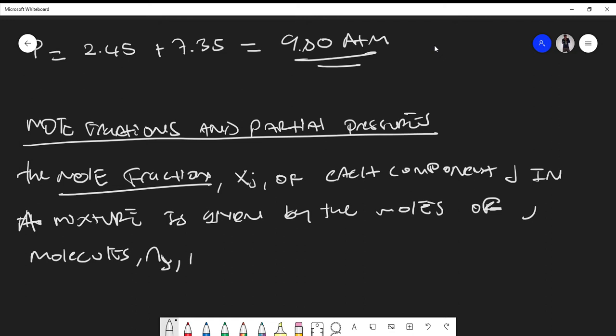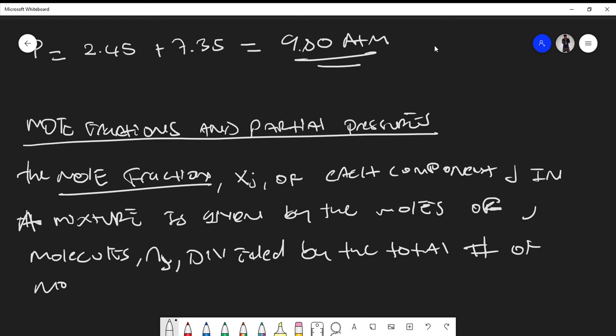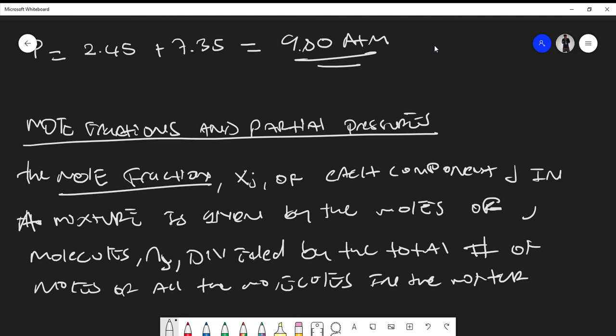So that's the number of molecules divided by the total number of moles of all the molecules in the mixture, n.